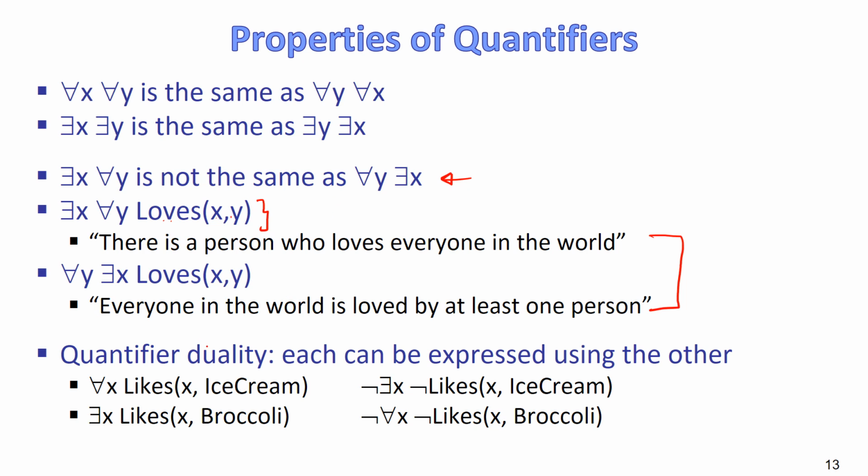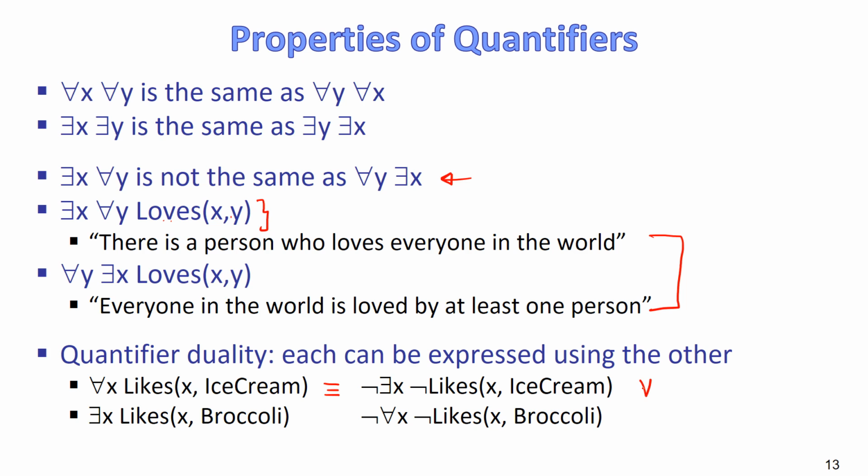Also, as you know, we can represent one quantifier using the other, using De Morgan laws. For example, for all x, x likes ice cream, we can say that there is nobody who doesn't like ice cream. So for all x, x likes ice cream is equivalent to not there exists x such that x doesn't like ice cream. How do we get that?